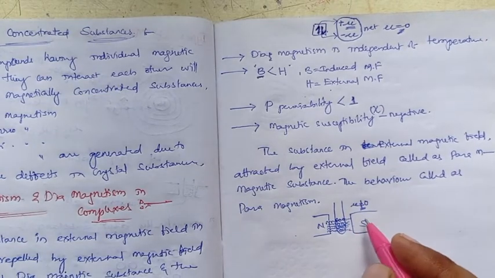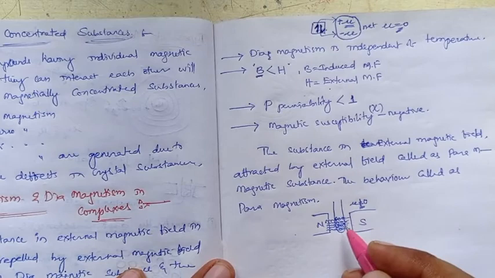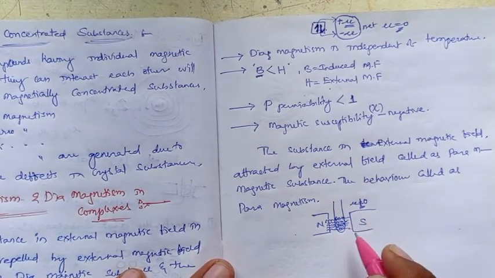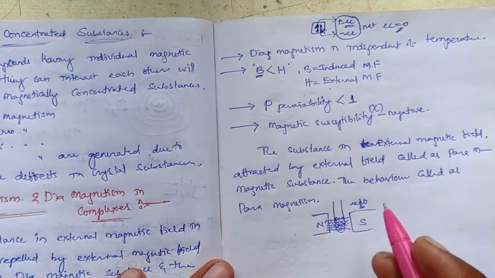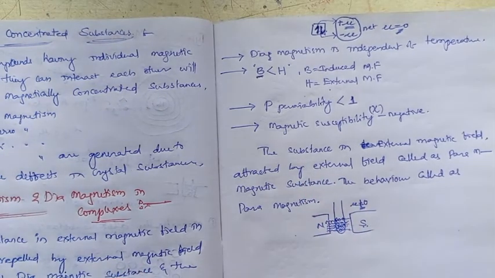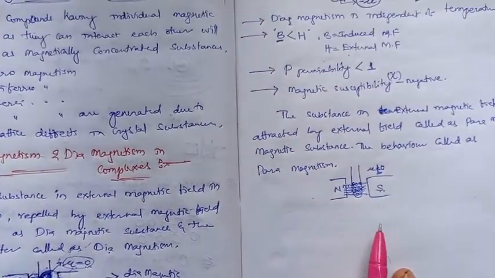As it is allowed, the substance is attracted by the external magnetic field. That's how paramagnetic substances are attracted by the external magnetic field, while diamagnetic substances are repelled by it, right?